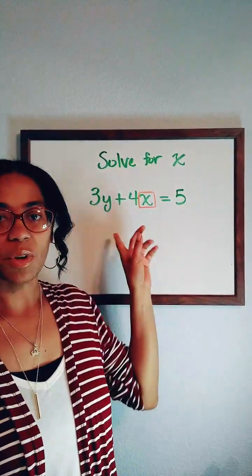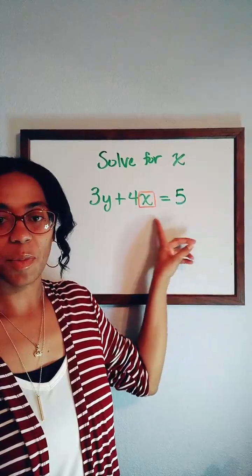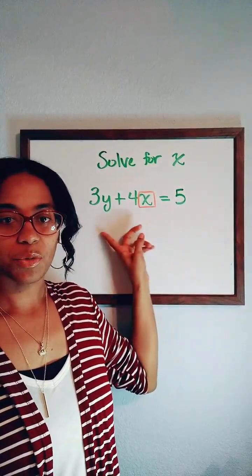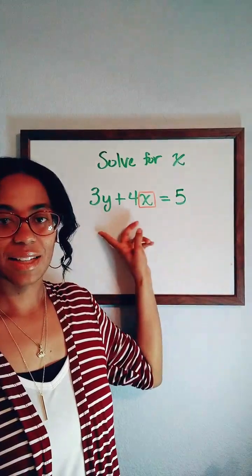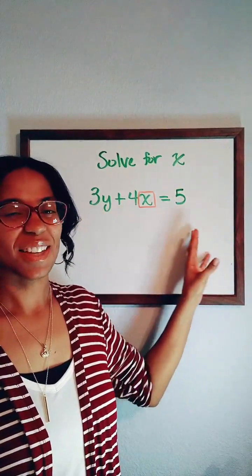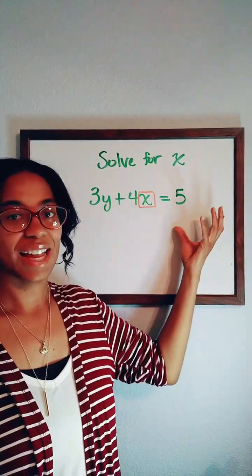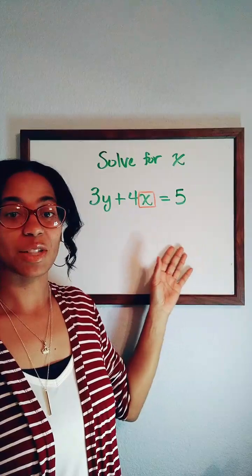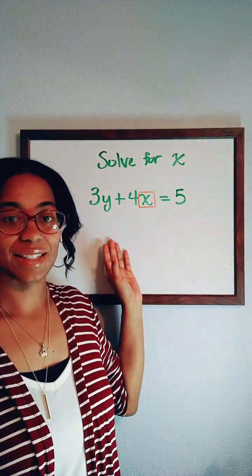So we know we're going to move 3y to the other side. Remember, we're just trying to get x by itself. So we're going to go ahead and move 3y to this side, because it's not going to be just a number. It's going to be an expression. Okay, you're going to have an expression is equal to x.